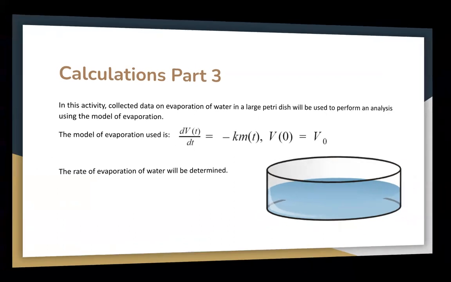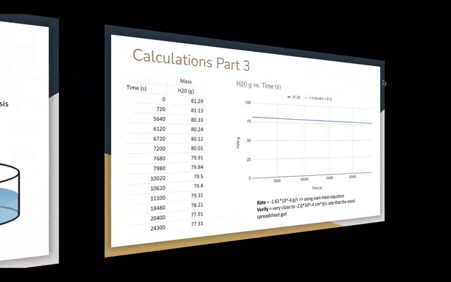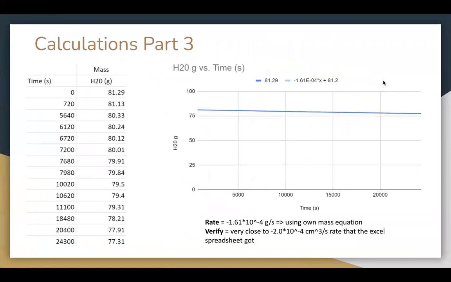Next slide, please. In this data chart, you can see that the loss of mass that the Petri dish and the digital scale gave us is very minimal over about 7 hours. In the graph, you can see that the slope of the line is almost horizontal, which means there's very little change in loss of mass.